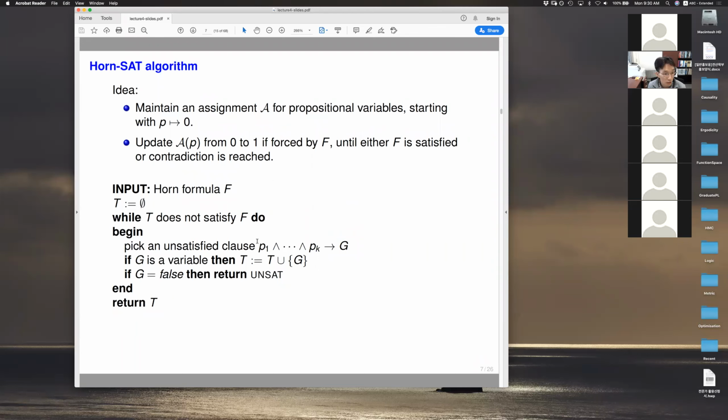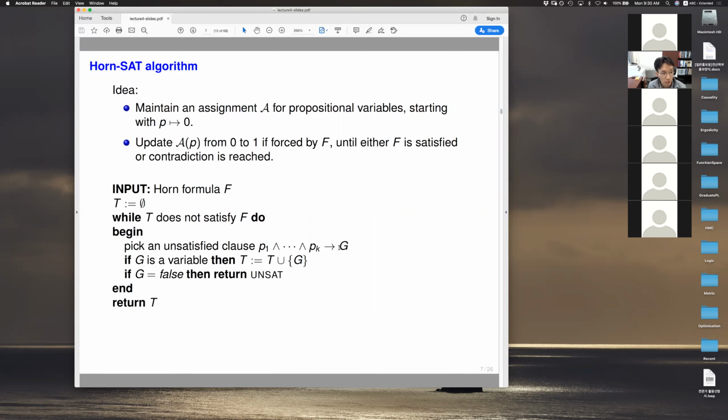Because F is a Horn formula, each clause has an implication form: P1 and so on up to Pk, a bunch of propositional variables, implies G, where G is either false or another variable. T not satisfying this clause means P1 up to Pk are all true under T, but G is not true.